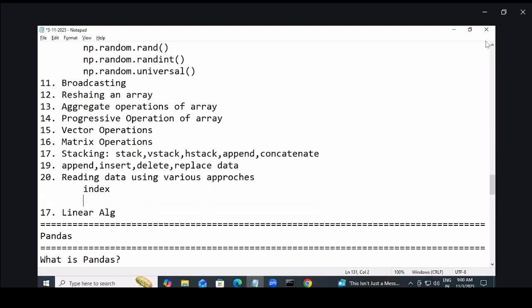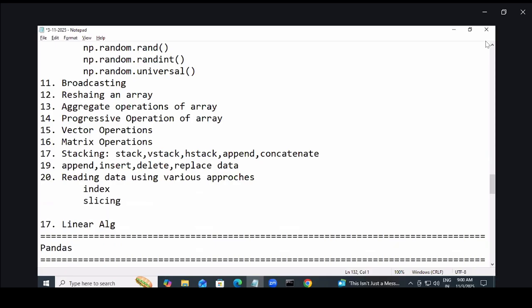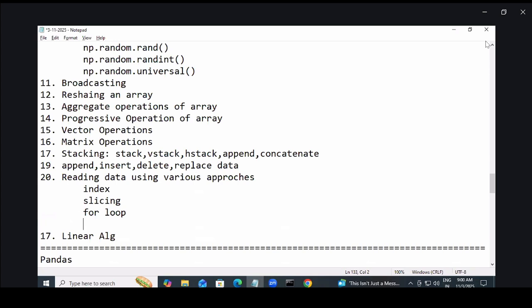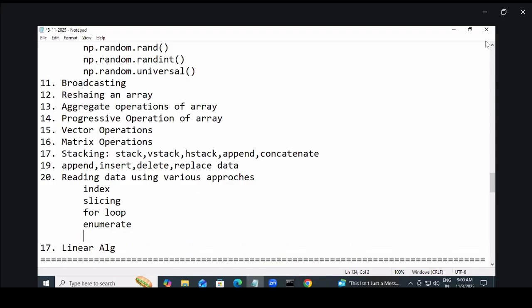Indexing, and next is slicing. Indexing, slicing, for loop. Then what? By using enumerate. By using condition. I've not written all. A lot of topics we discussed.